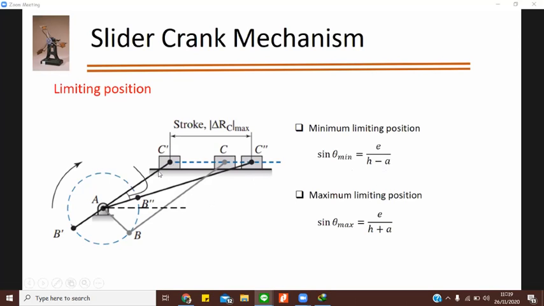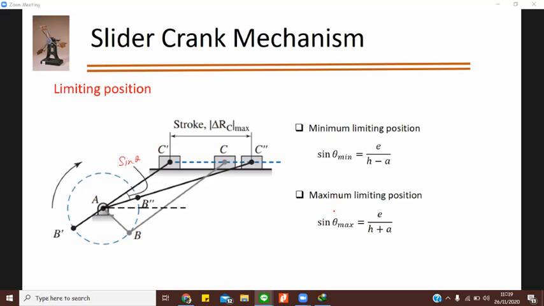Okay, so this is the position where you will have this sine theta min.